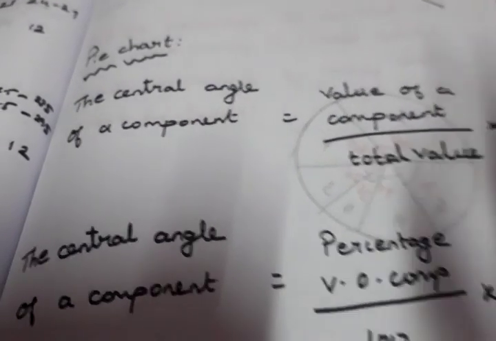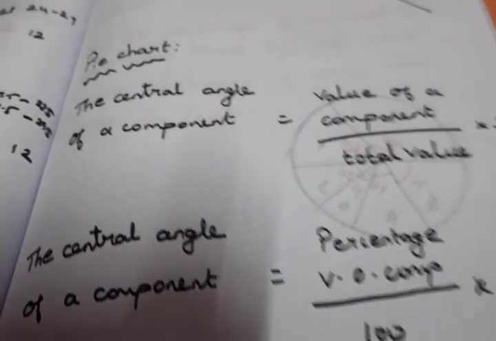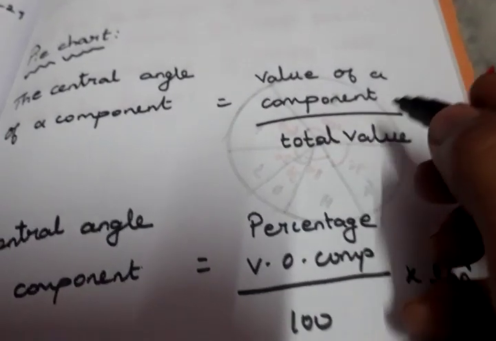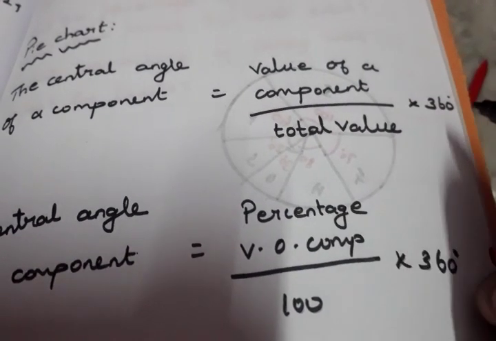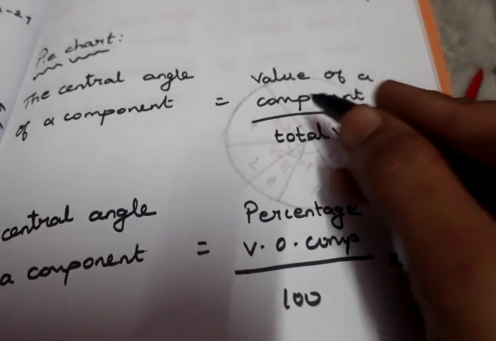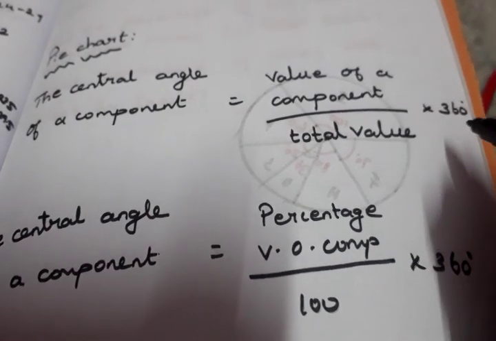The total angle of 360 degrees at the center of the circle is divided into different sectors according to the value of the components. The central angle of a component is equal to the value of the component divided by the total value, into 360 degrees.